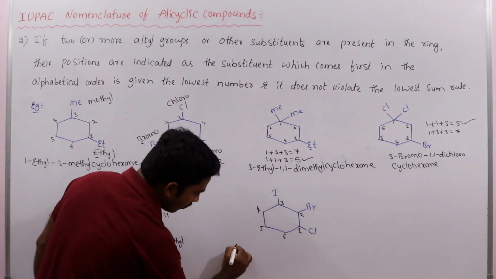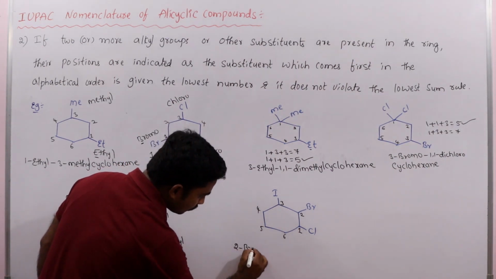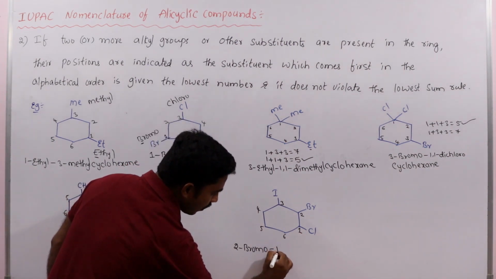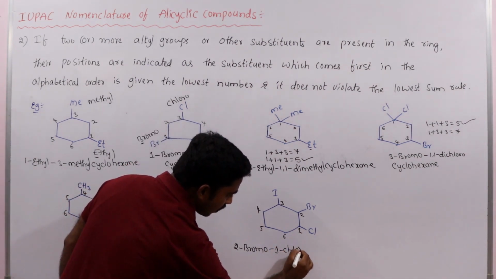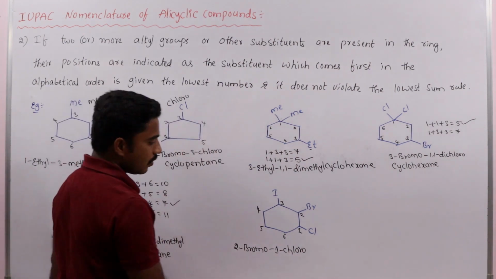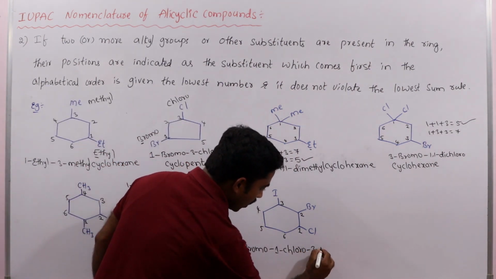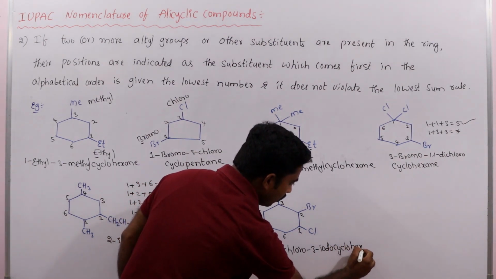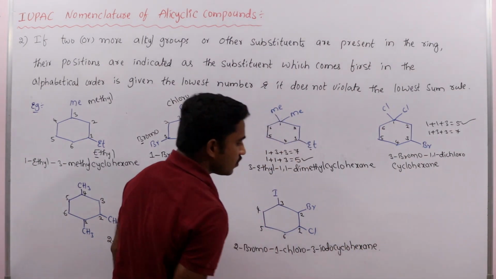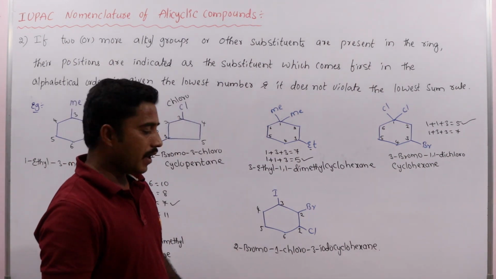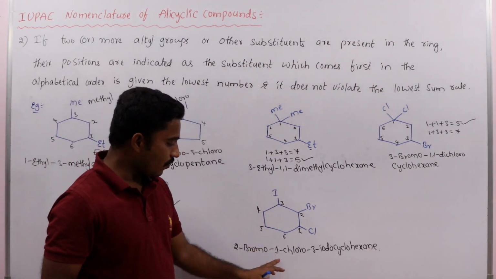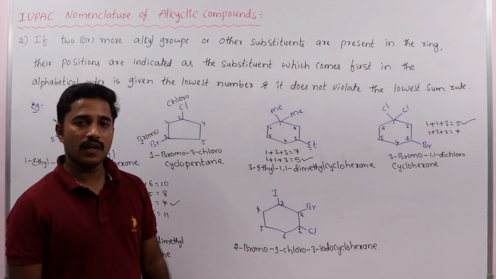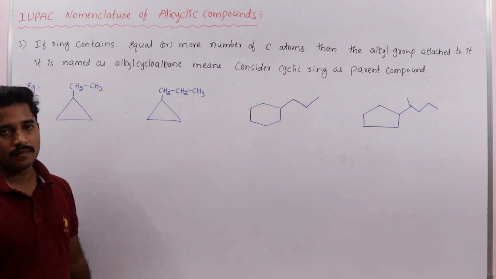Bromo. 2-bromo, 1-chloro and 3-iodocyclohexane. So like this we have to give the name for this molecule: 2-bromo-1-chloro-3-iodocyclohexane. Clear?